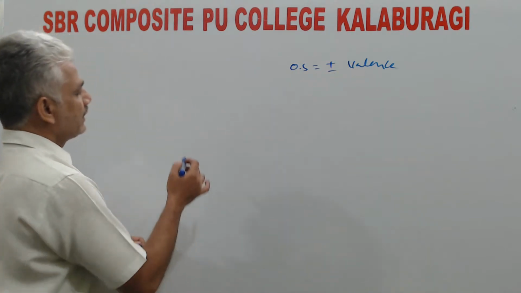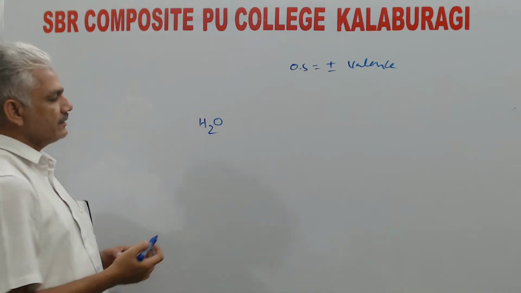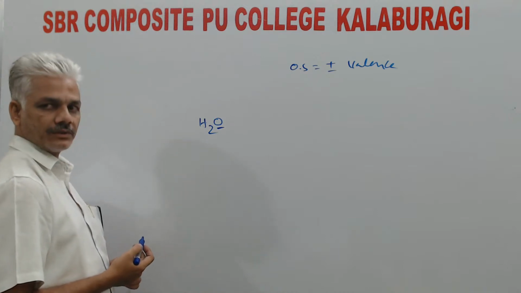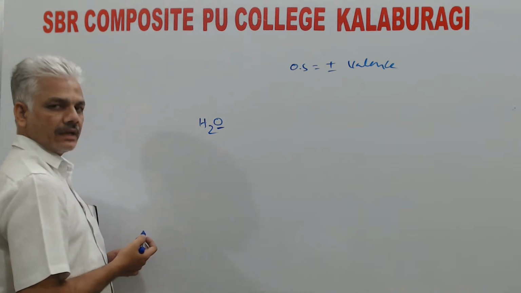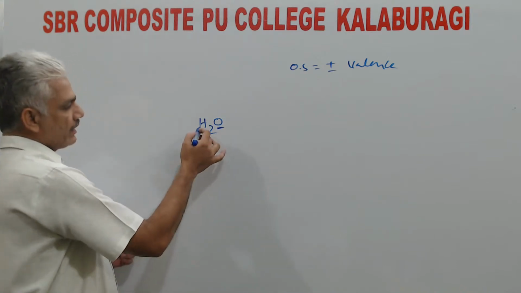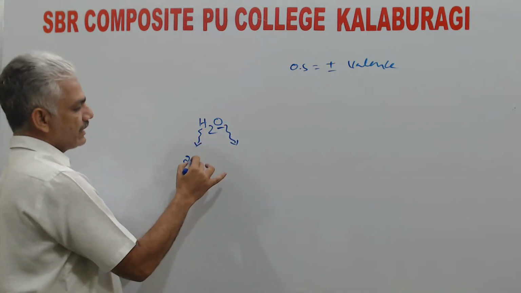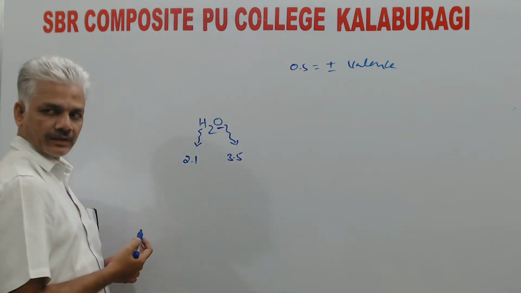So, for example, take the case of water. Here, what is the oxidation state of oxygen? Suppose you want to calculate it. The elements involved here are hydrogen and oxygen. If you check the electronegativity values, hydrogen's electronegativity is 2.1, whereas oxygen's is 3.5.